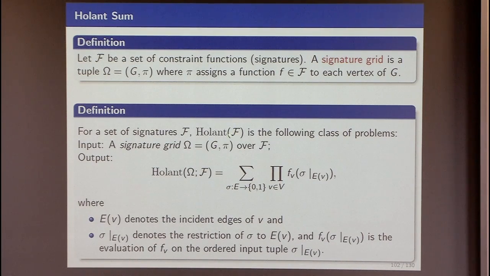You're given a set of constraint functions, for example, the exact-one function, or the at-most-one function. If it's the at-most-one function, that will not necessarily be perfect matchings. And you sum over all possible edge assignments of this product, which in the 0, 1 case will be either yes or no. In general, it will be some sort of weight. And in the perfect matching case, with the exact-one function here, this quantity will count the number of perfect matchings.